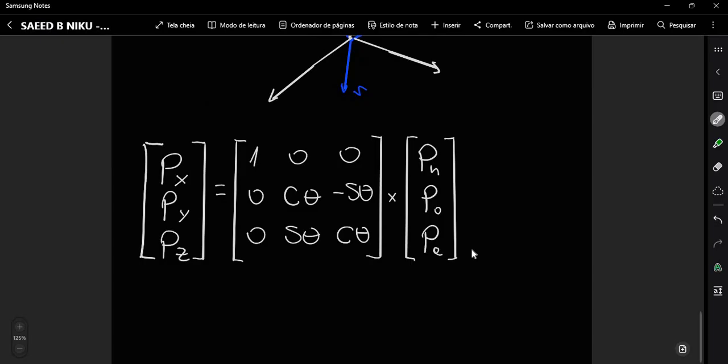And when we do cosine of 90, sine of 90 degrees, and 0, 1.